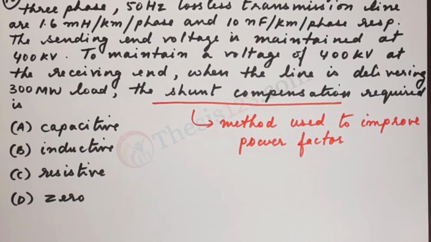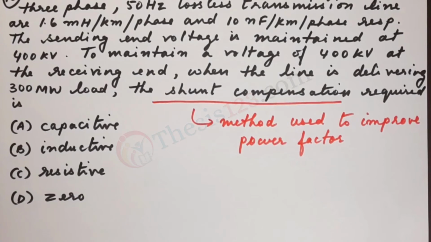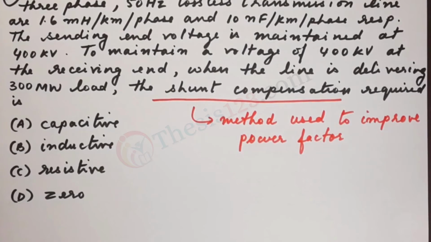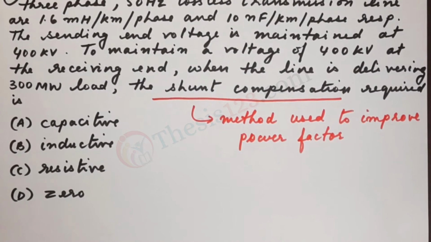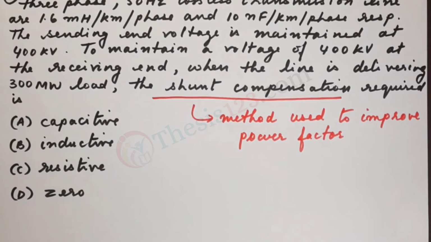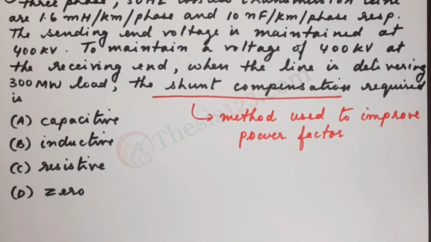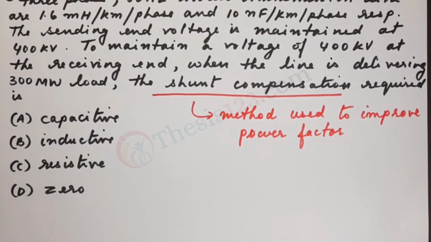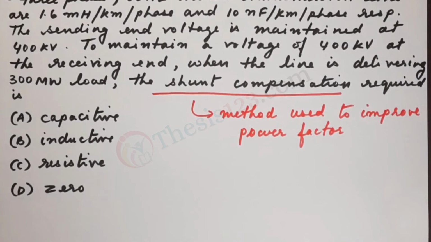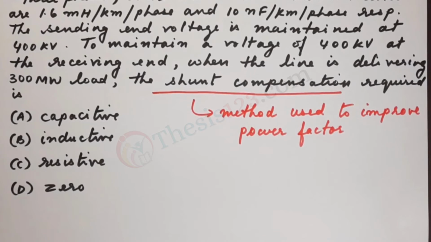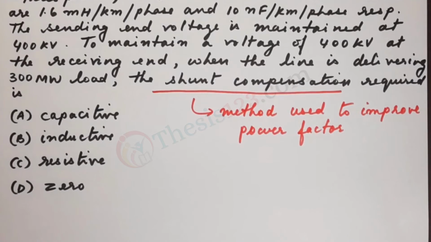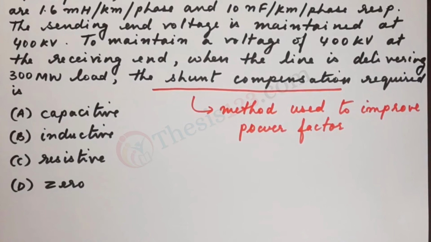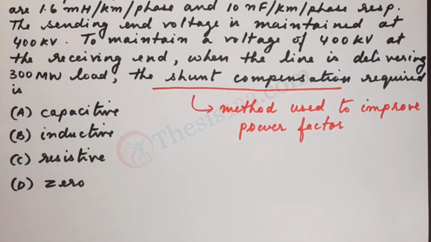So when an inductive load is connected to the transmission line, the power factor lags because of lagging load current. And in order to compensate that, a shunt capacitor is connected, which then draws a current leading the source voltage, and thus that improves the power factor.